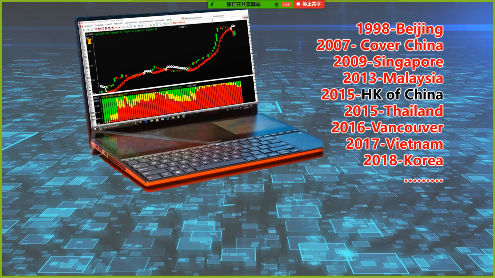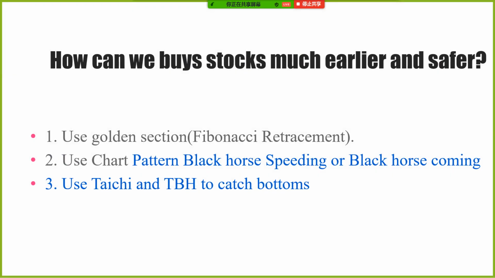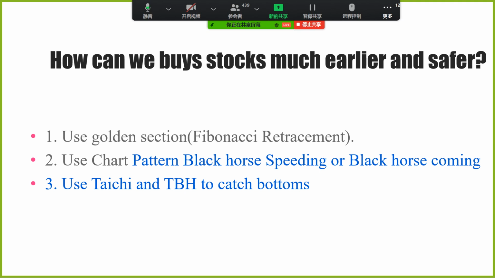So why is the software so popular? Because we have many special features. We can combine not only a pattern like black horse coming or black horse speeding, we can combine with this.